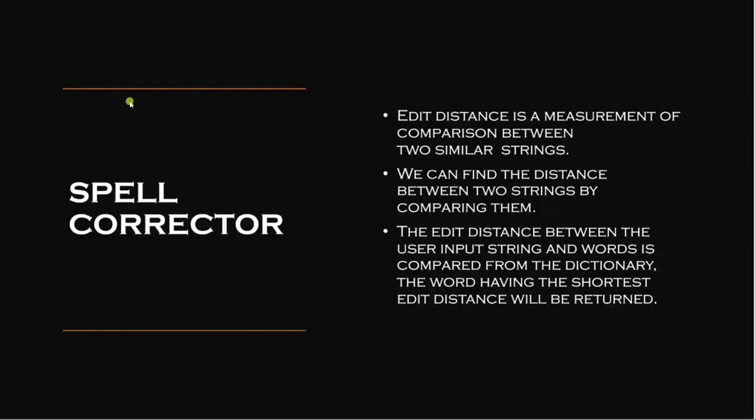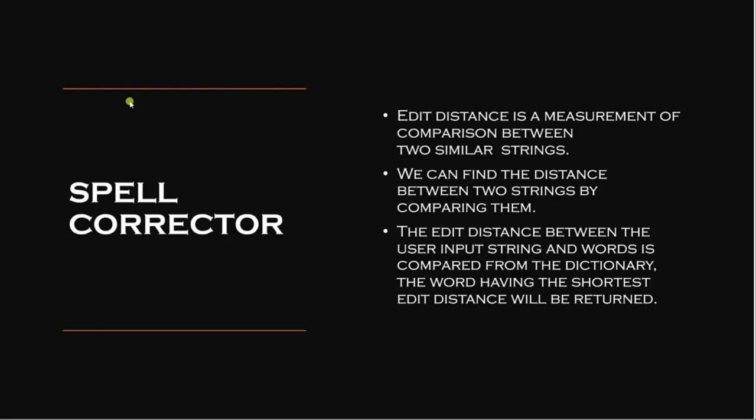We have used a spell corrector in our web search engine. If a user enters a word which is incomplete or wrongly spelled, it can be corrected by using the edit distance algorithm.